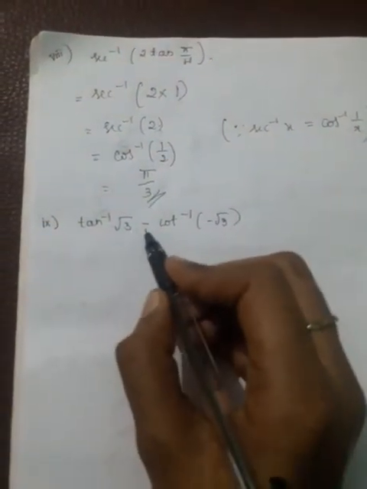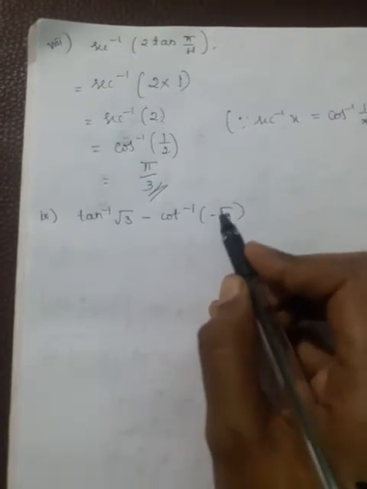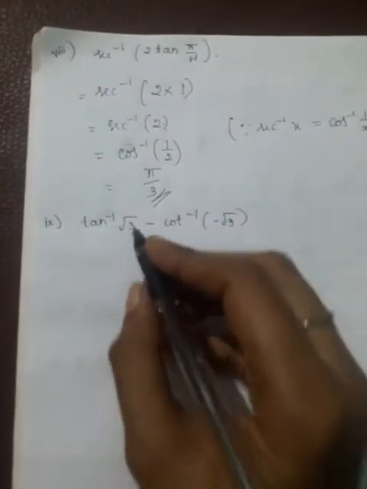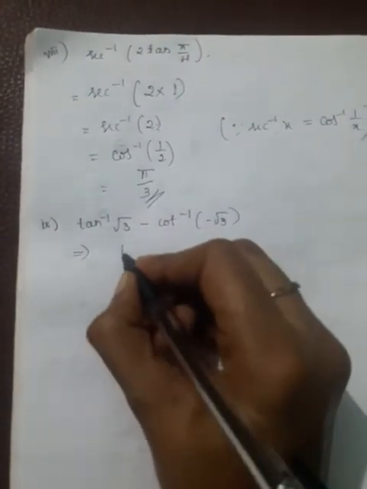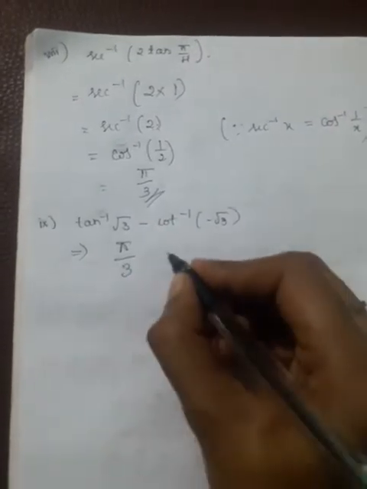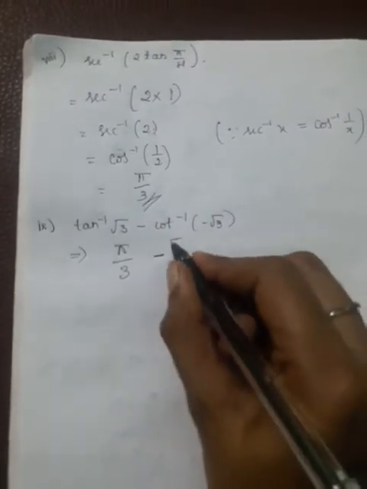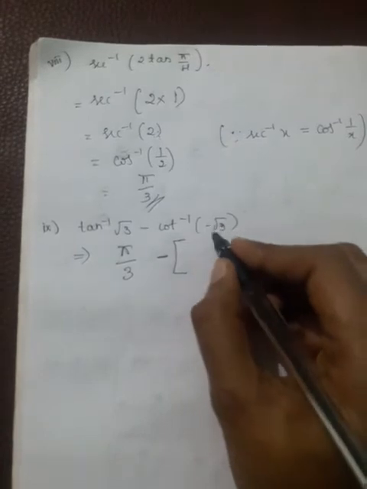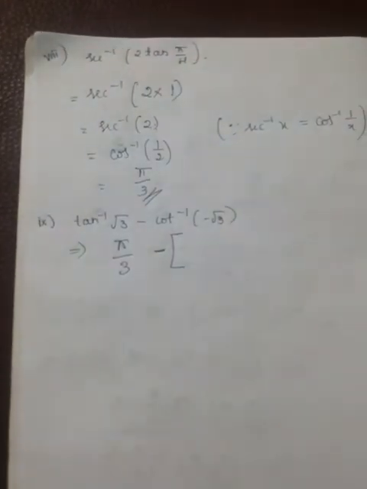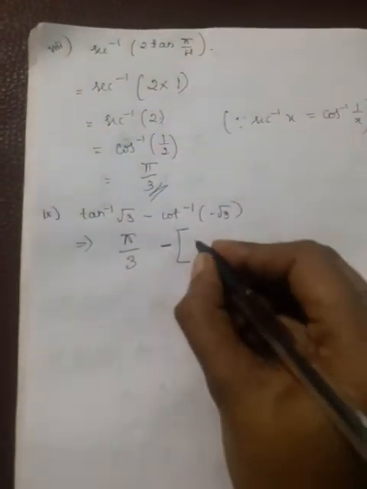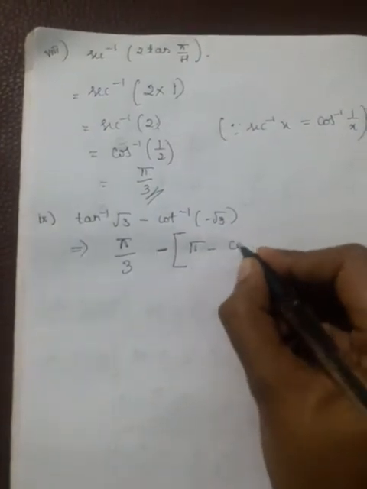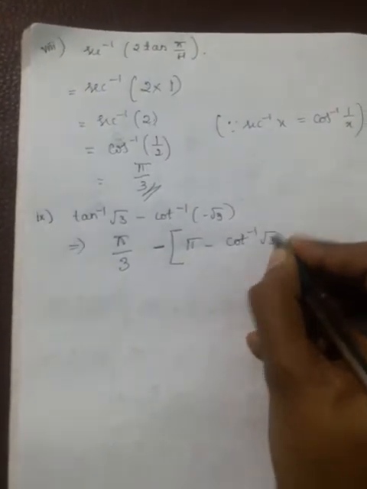Next is tan inverse of root 3 minus cot inverse of minus root 3. Tan inverse of root 3 value you know, that is 60 degree, minus, inside the bracket, cot inverse of minus x is pi minus cot inverse of root 3, correct?